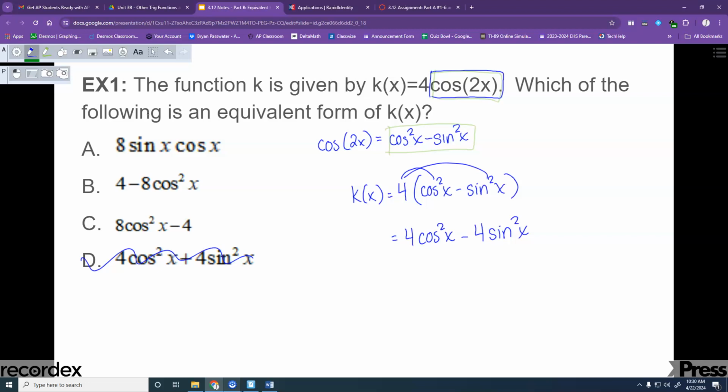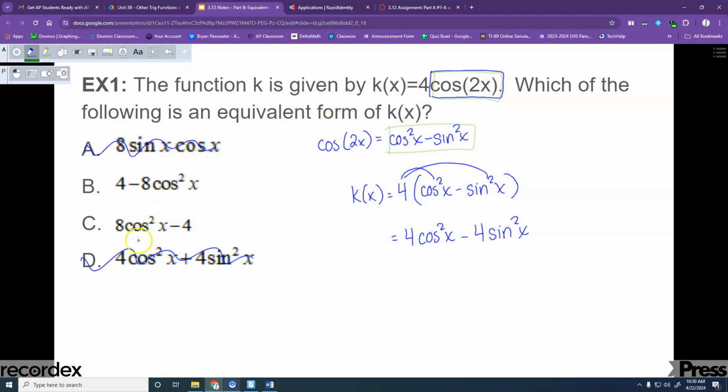Because they're not squared, and this is the rule. Whoever did this one used the rule for sine, right? Sine is 2 sine x cosine x. So this is what you would get if you use the rule for sine of 2x, which is not what you're supposed to use here because you have cosine. So I don't think it's going to be A, which leaves me with B and C.